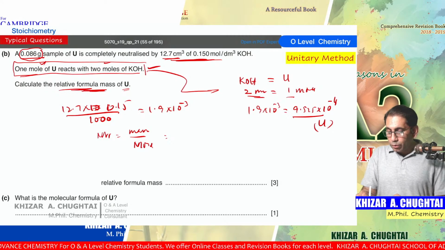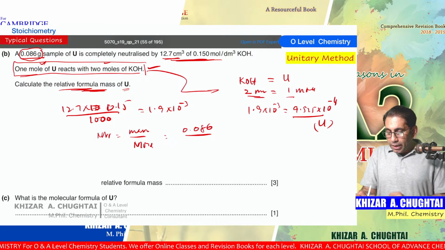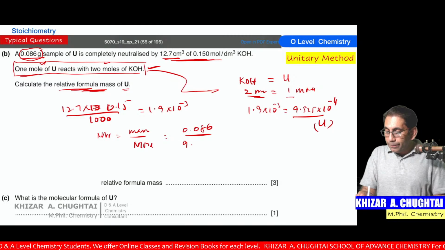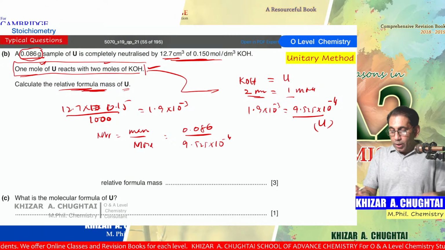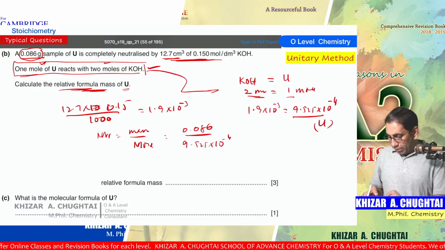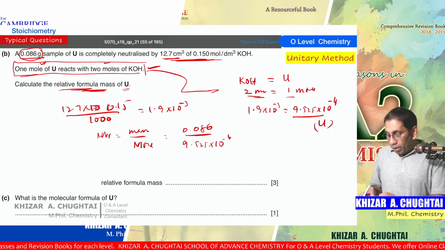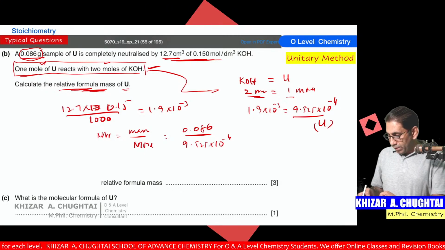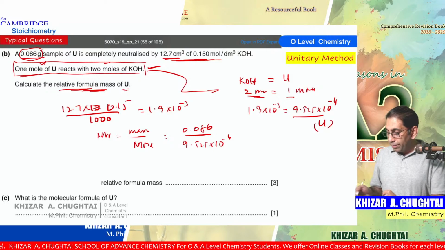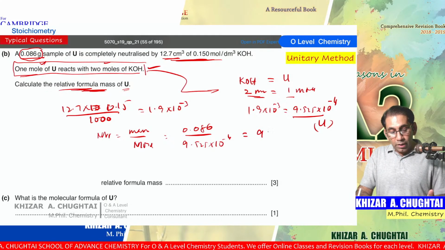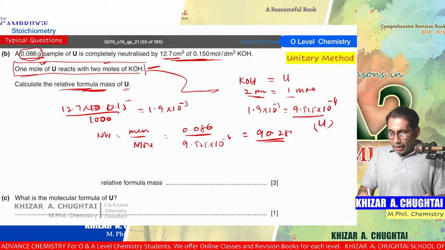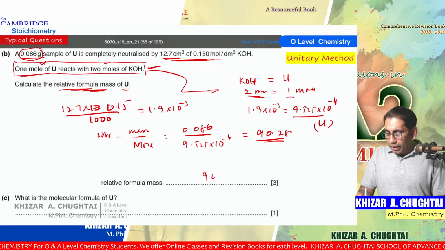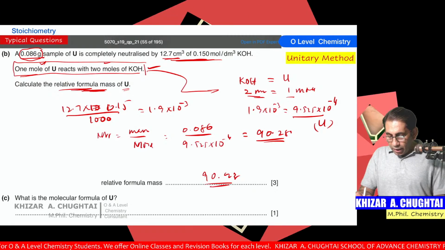So mass is 0.086 divided by moles, which is 9.525 × 10^-4. What is the answer for its Mr? It is 90.28, almost 90. So the relative formula mass, Mr, is 90.28, or 90.